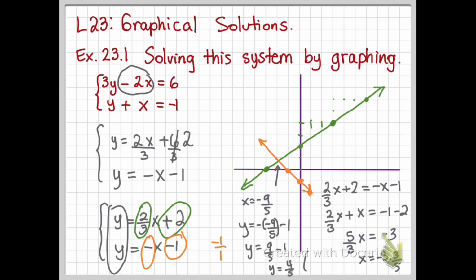So my answer is -9/5 and 4/5. And notice that if you estimate, this one is very close to -2, and this one is 4/5, which is right about here. So notice that we did get the correct answer both in the graphical solution and in the exact solution.